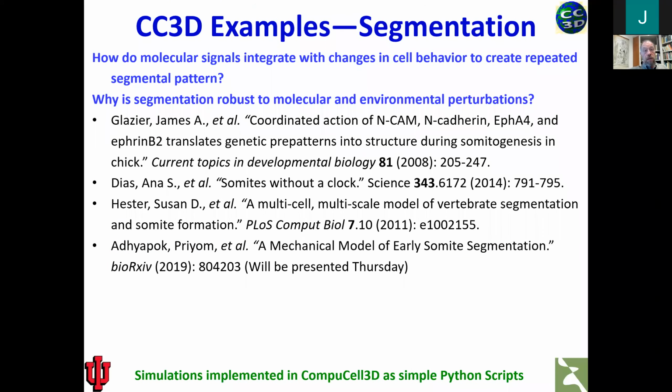In developmental biology, one of the key processes, which you've also seen in the movie already, was the formation of the somites. That's the segmental structure that's going to lead to the vertebra in a chicken or human. That involves both chemical signaling, the generated periodic pattern, and mechanical signaling and movement to reorganize the cells into somites.